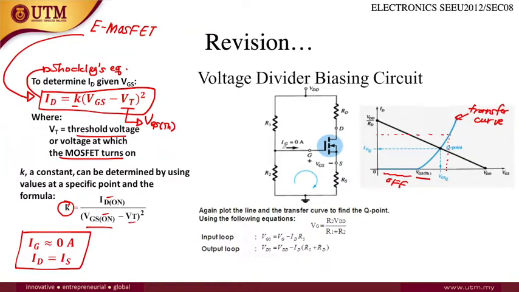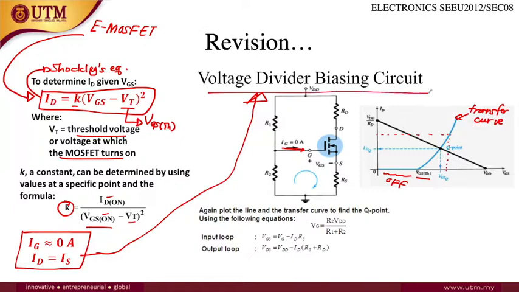Since there is no current flow at this gate, it means that the current that flows in the drain is equal to the current that flows at the source. So ID is equal to IS. These two relations are very useful for you to solve the voltage divider biasing circuit.